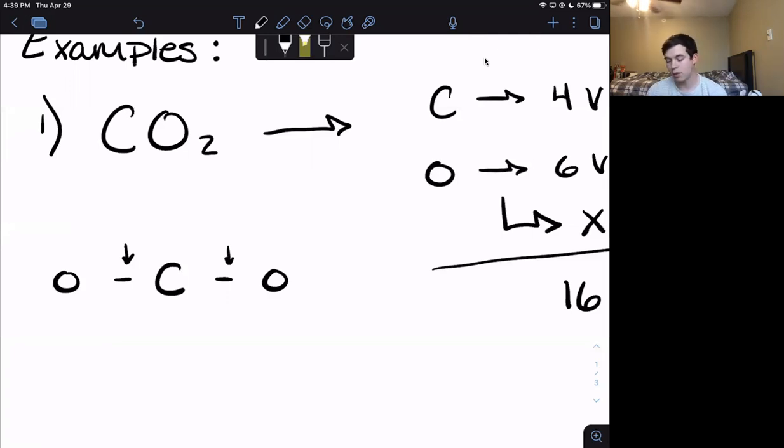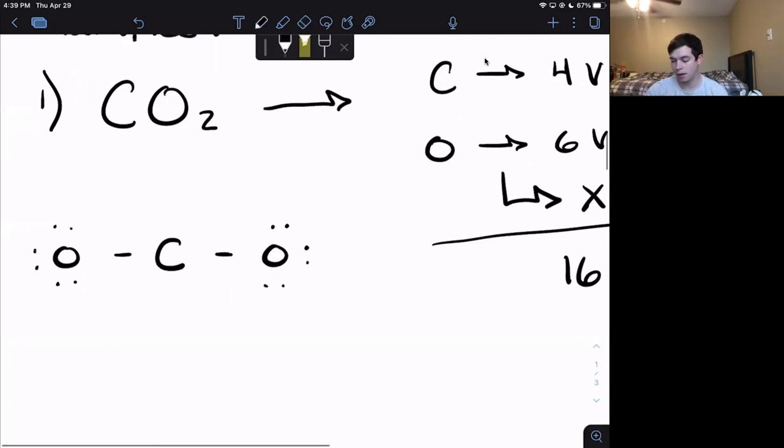But we're going to start with the oxygen. So right now, each oxygen only has 2. So to get a full octet, we're going to add 6 electrons around each one. So now each oxygen has 8, and the carbon has 4, like we said earlier. So we're going to add 4 more electrons.